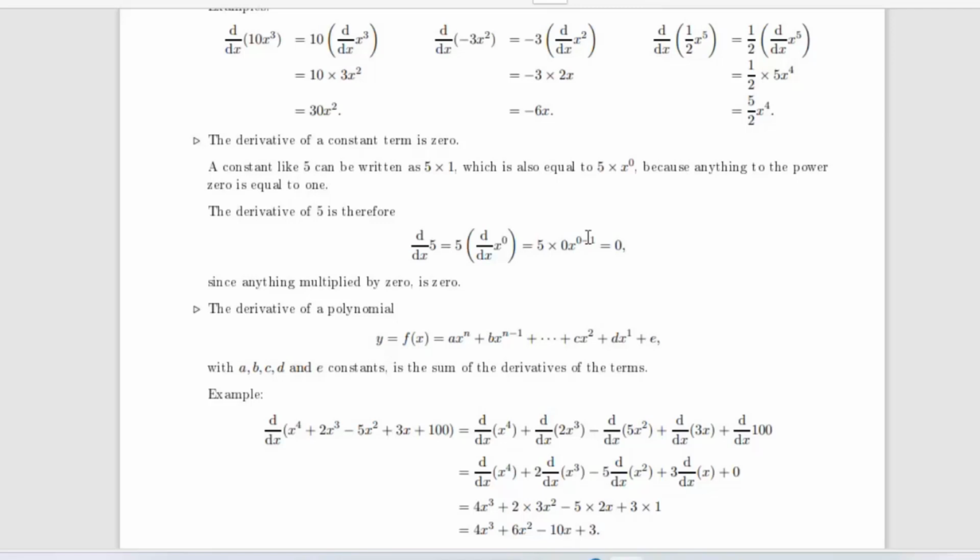Please talk to your partner. We get 0 because anything multiplied by 0 is 0. You're saying 0 times x to the power -1.